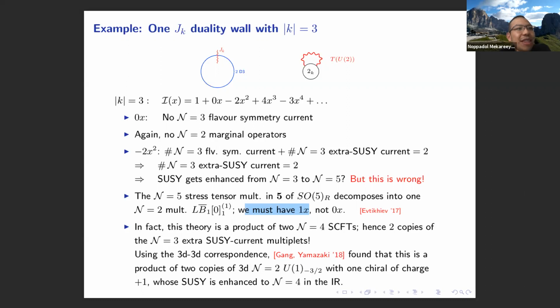The only thing you can conclude is that this theory is a product of 2 N=4 superconformal field theories, and therefore you have 2 copies of N=3 extra SUSY currents. Indeed, k equal to 3 specifically was studied by Kang and Yamazaki, who found that this is a product of 2 copies of some theory that enhances symmetry to N=4 in the infrared.